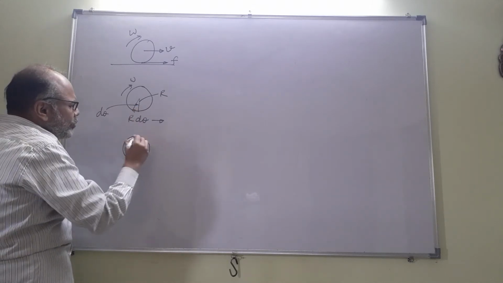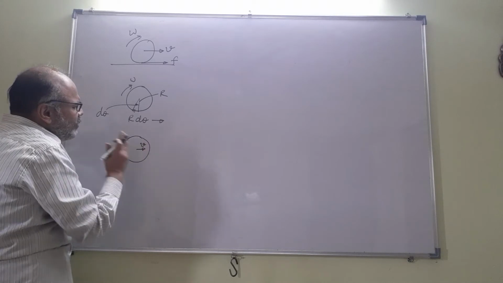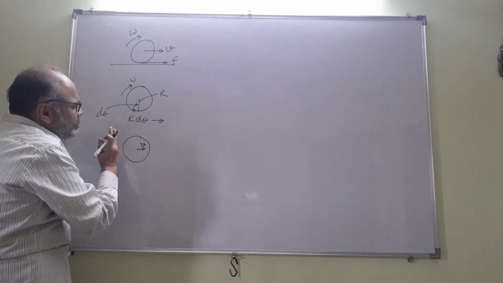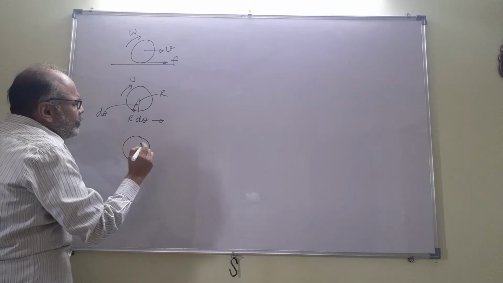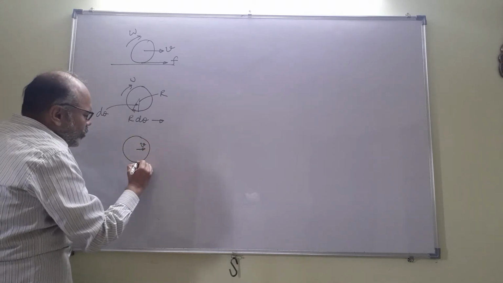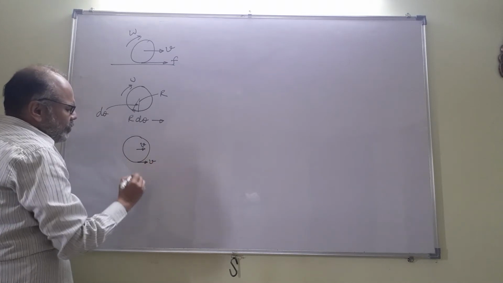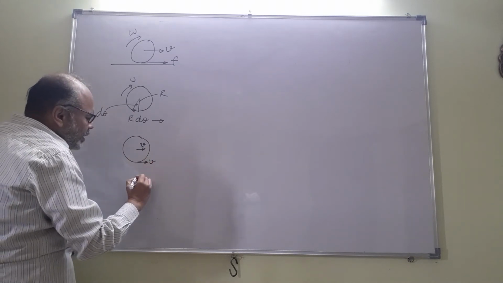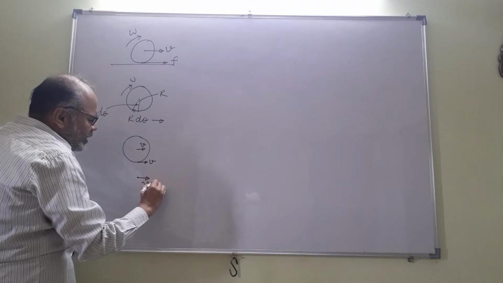Now if you consider only translation, every part of the disc will have the same velocity v, and the point of contact also has a velocity v. So in a time dt, it will get displaced by v dt.